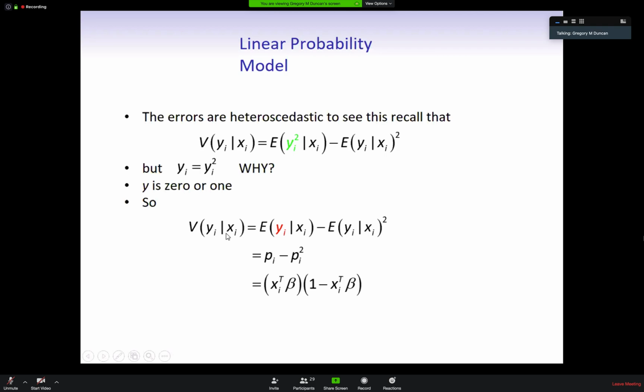The variance of y given x depends upon x, and so your model is heteroscedastic. You don't have best. You still have linear. You still have unbiased. You have to either do generalized least squares or use a heteroscedasticity consistent covariance matrix.